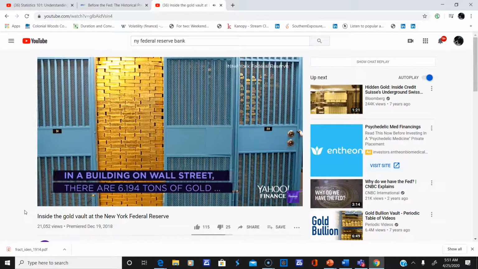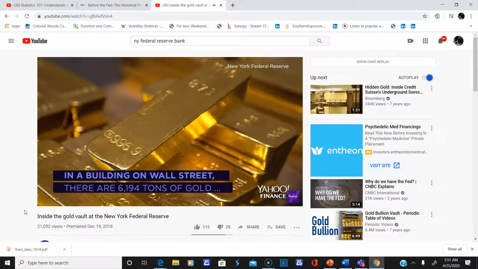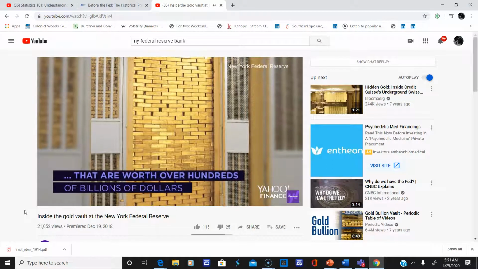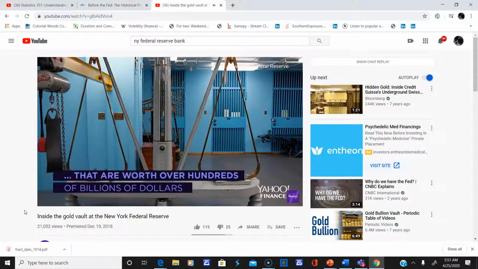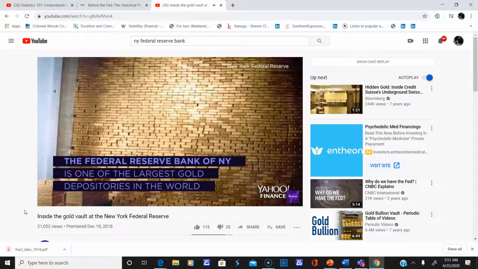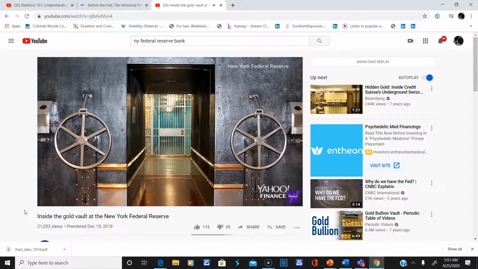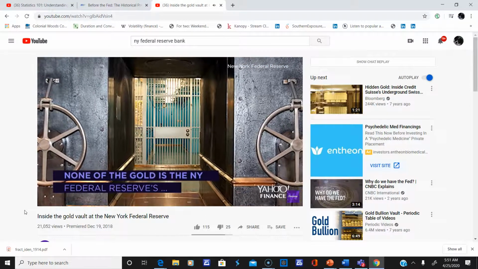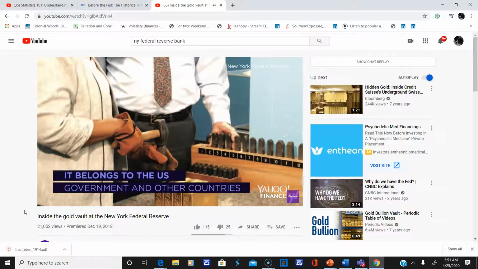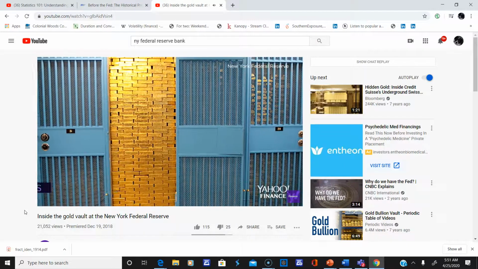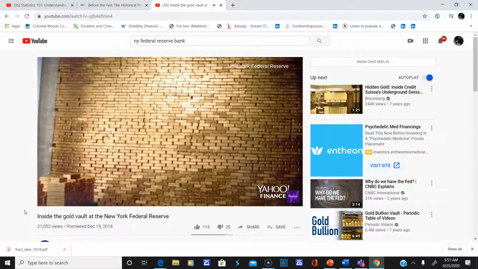Deep in a building on Wall Street lies 6,194 tons of gold. That's 496,950 bars worth hundreds of billions of dollars. The gold vault at the Federal Reserve Bank of New York is one of the largest depositories of gold in the world, and also one of the most secure. None of the gold is the New York Fed's. It belongs to the U.S. government and other countries, but those depositors need to make sure their stash is safe.